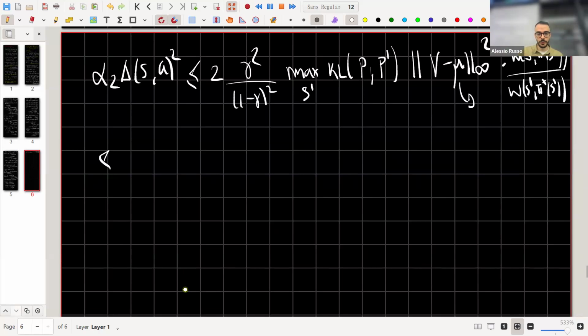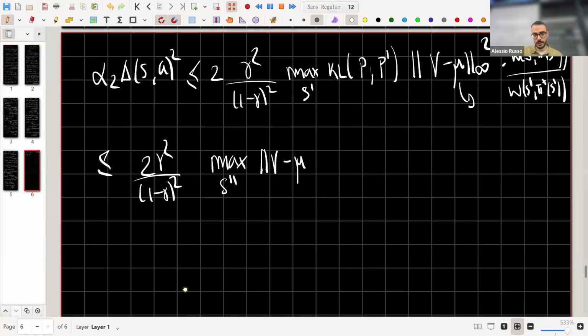Then this quantity is also upper bounded by 2 gamma squared divided by 1 minus gamma squared, times the max over S second. Let me write it explicitly so it's clear what's going on.